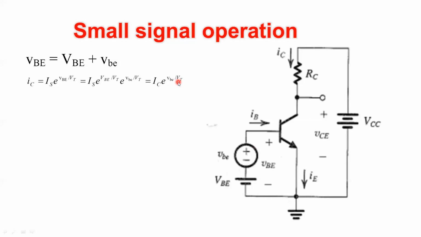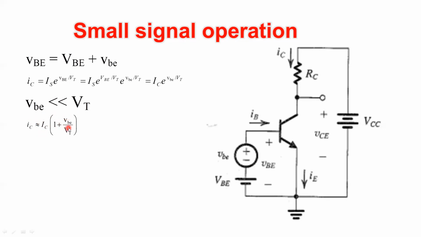Now, if you remember, we had a condition in the case of the MOSFET to make a linear amplifier. Again, in the BJT also, we have another condition. When v small be, which is the AC signal entered to the base, is much smaller than the V_T, which is the 25 millivolts, if this occurs, then you can use this mathematical approximation, and you can say that i_C is approximately equal to capital I_C, which is the DC collector current, multiplied by 1 plus v_be over V_T.